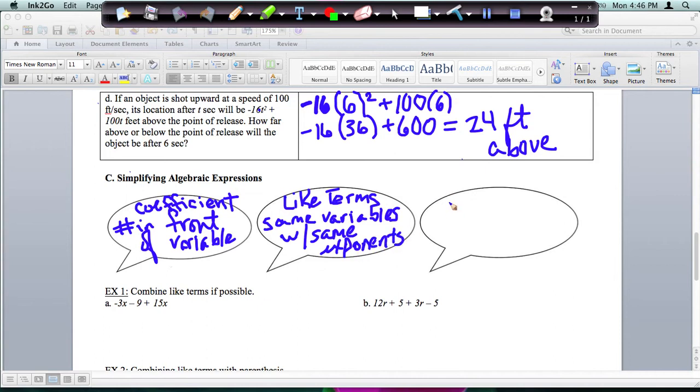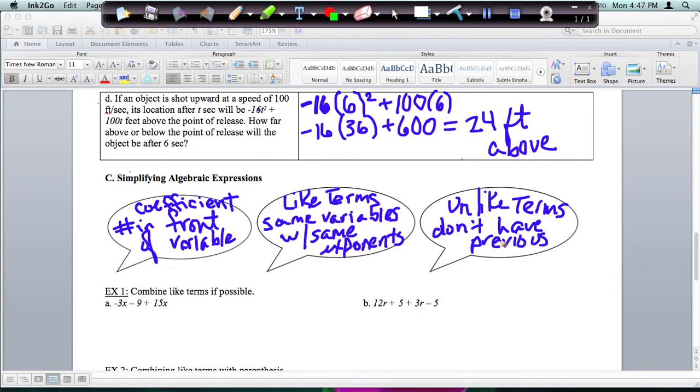And then if they don't have the same variable with the same exponent, then they're unlike terms.